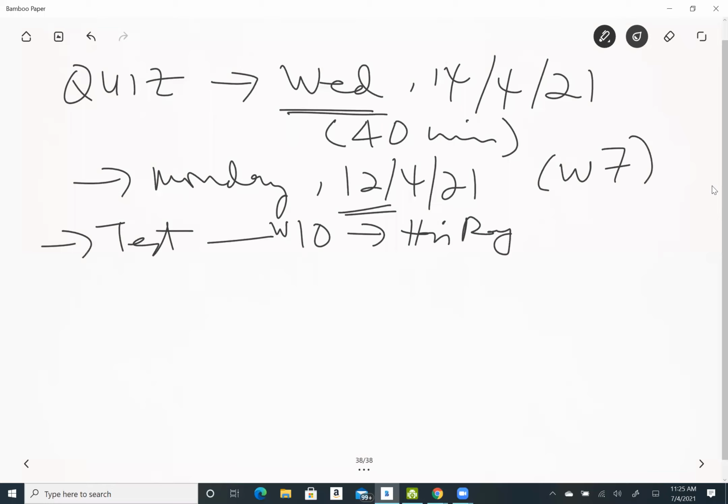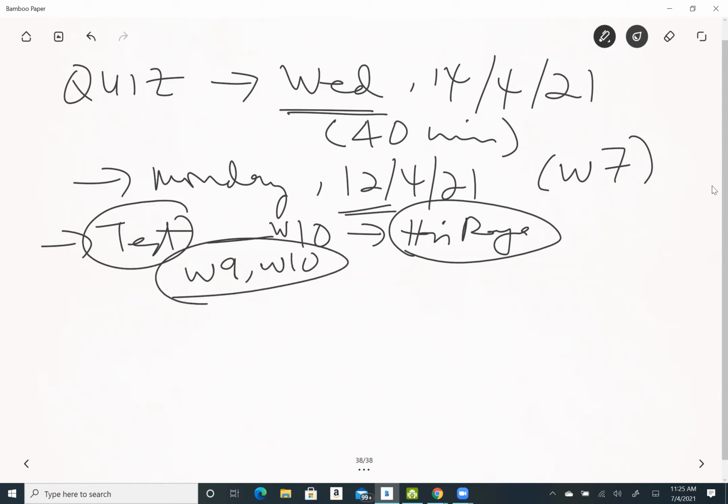Hari Raya break after the week number 10. Because Hari Raya, we take a long break. So I think if you have a test after the Hari Raya, everything forgotten. So we make sure everything is fresh. We do the test before the break. So maybe the test would be in week number 9 or week number 10, just before the break. So to give you an idea of where the test will be.